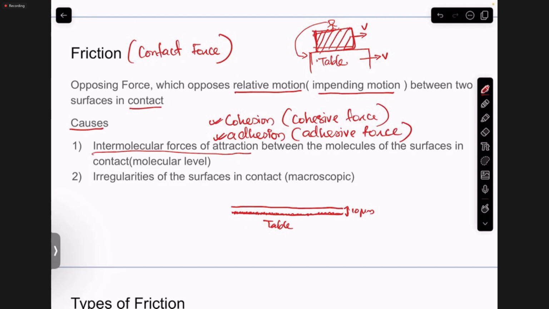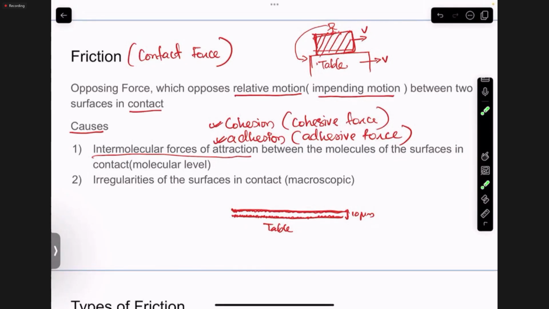I'm enlarging the surface. Here also there will be small irregularities. So the irregularity here will get stuck with the irregularity there whenever you are moving.